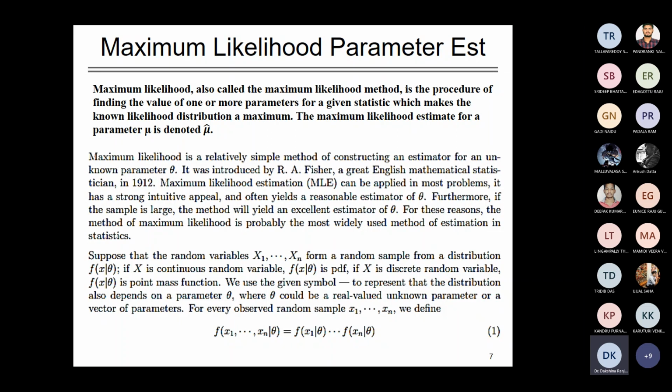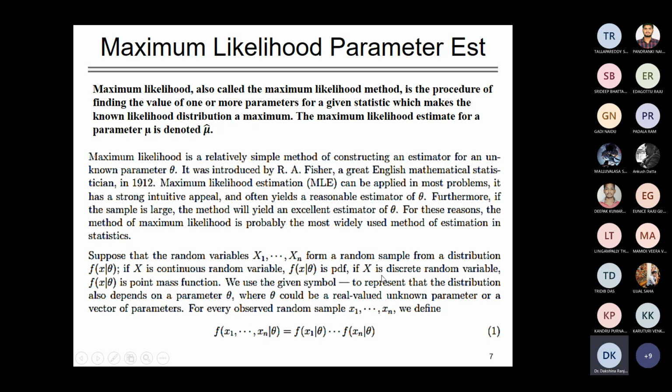Here we consider the random variables x1 to xn, which form a random sample from a distribution f of x given theta. If capital X is a continuous random variable, then f of x given theta is a probability density function.